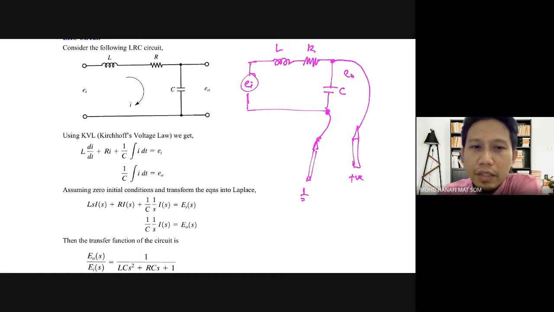Okay, let's use the Kirchhoff voltage law. For the Kirchhoff voltage law, in every component we have a voltage drop. We have a voltage drop at the inductor, a voltage drop at the resistor, and a voltage drop at the capacitor.